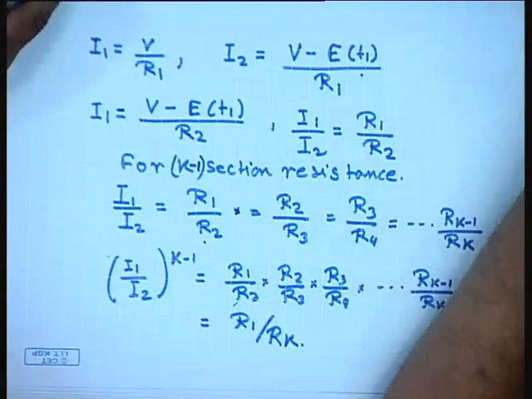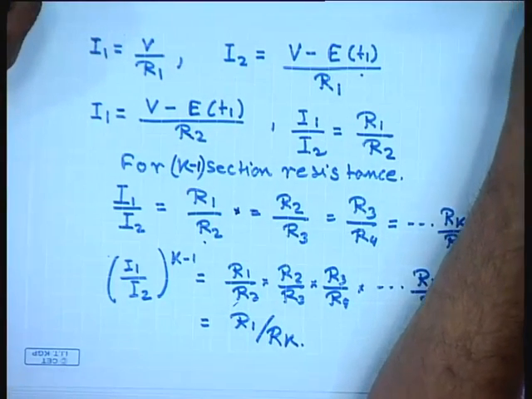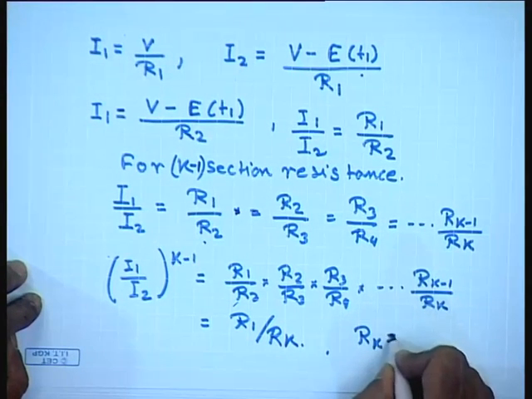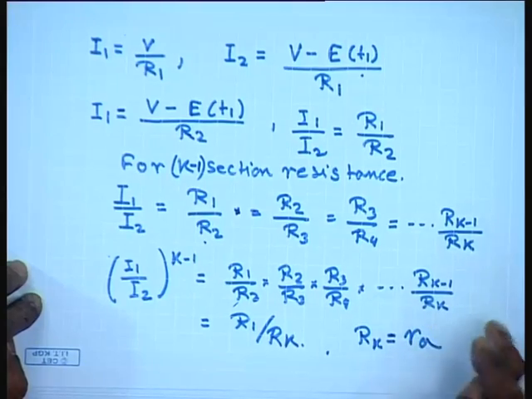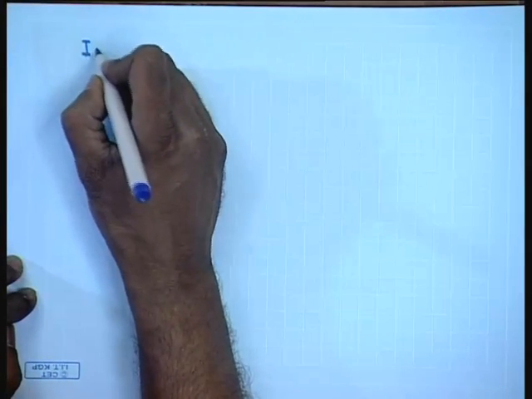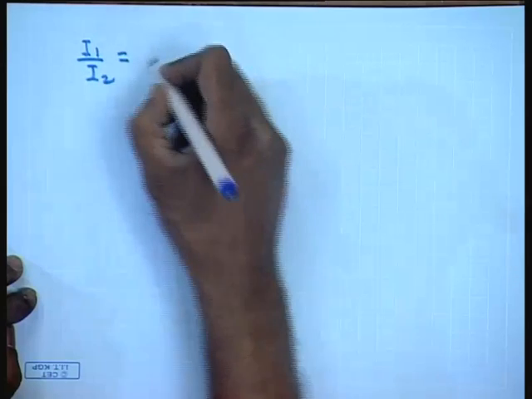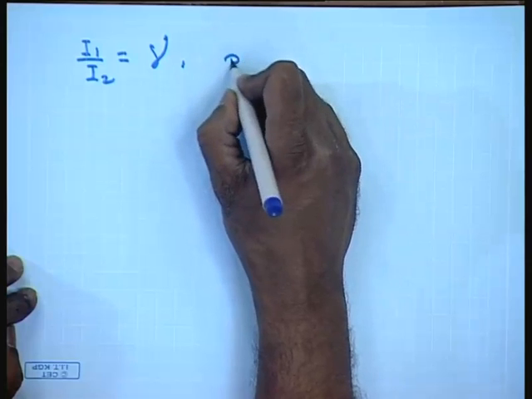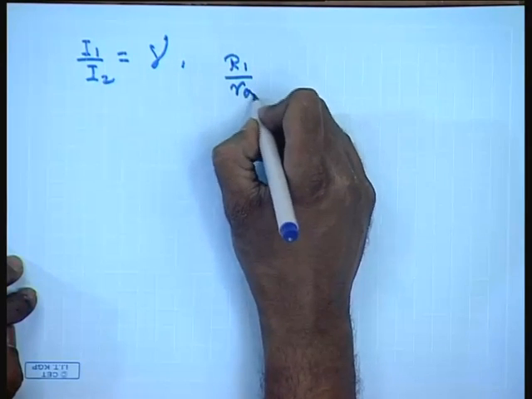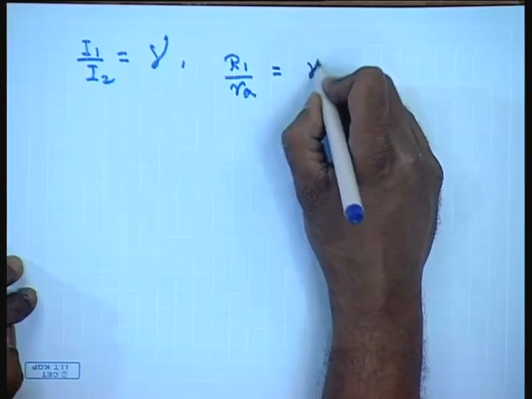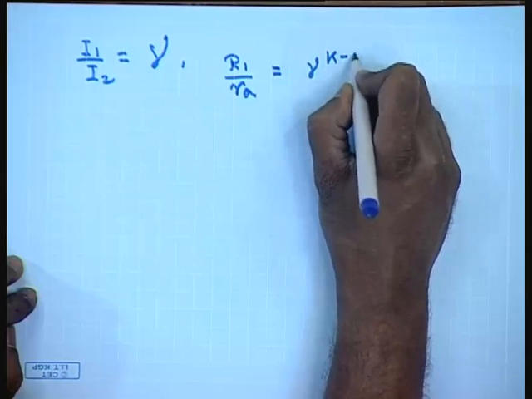So, if there are k minus 1 external sections, then Rk is the last resistance, that is equal to Ra. So, we define I1 by I2 equal to some gamma, then R1 by Ra equal to gamma to the power k minus 1.